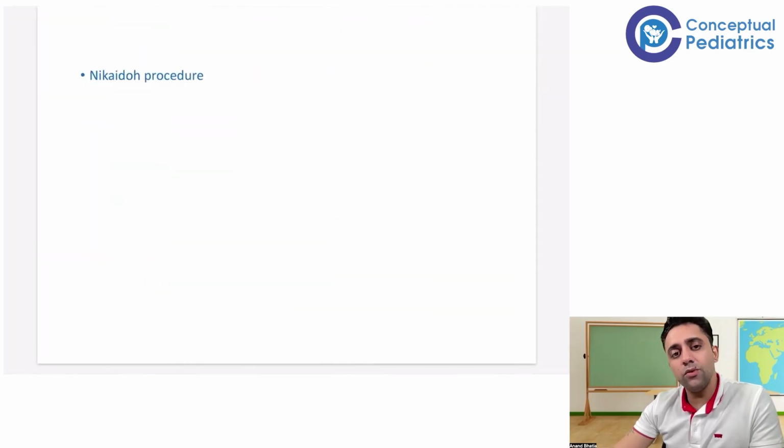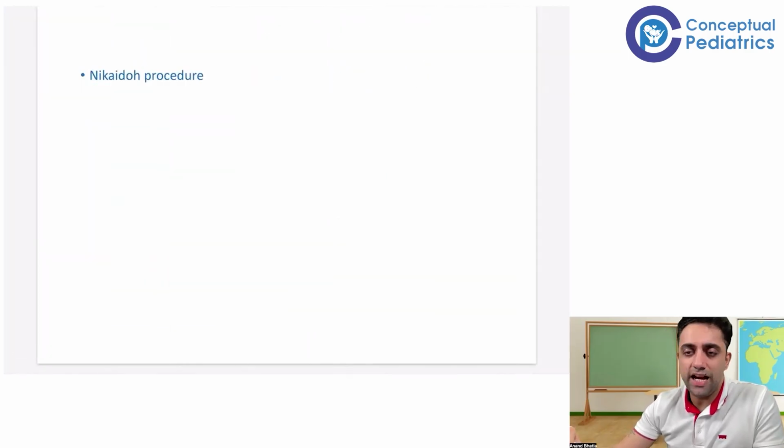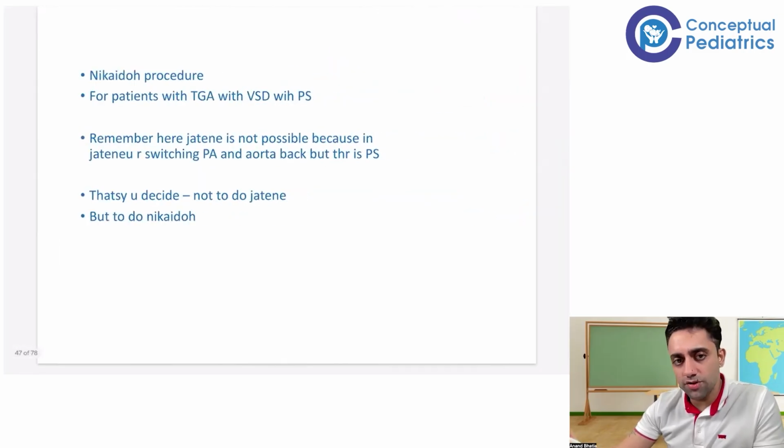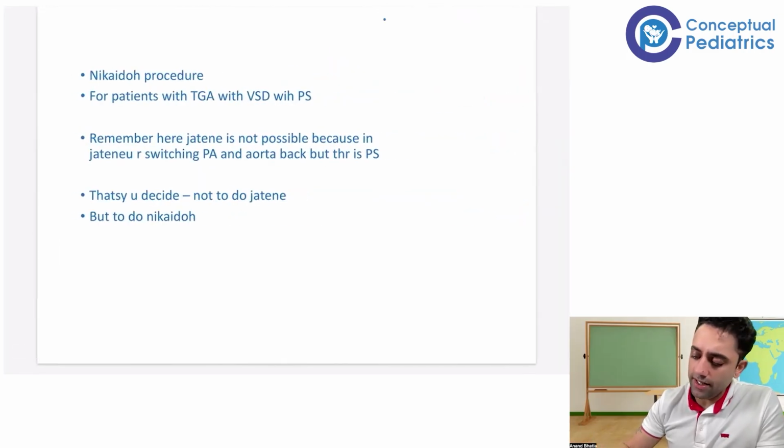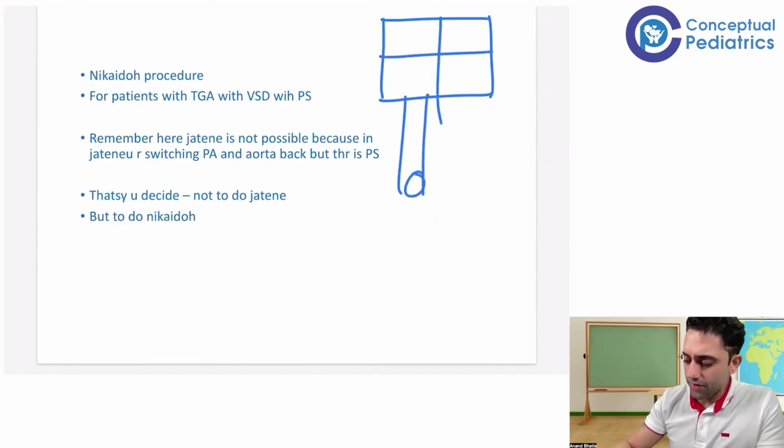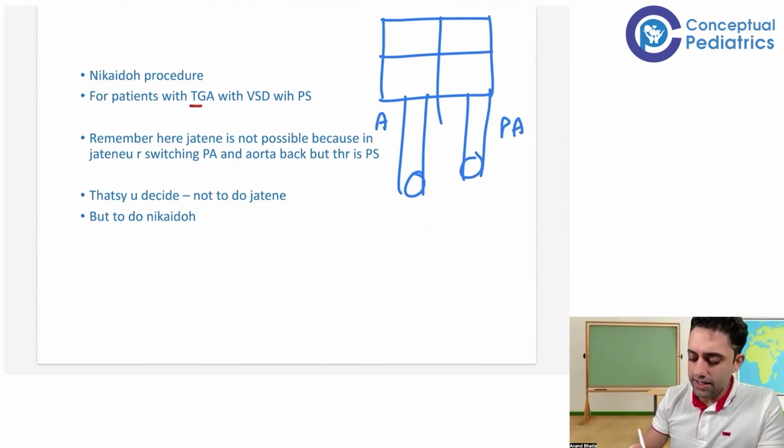We have something known as the Nikaido procedure. What is the Nikaido procedure? It is done in a patient with TGA. So with TGA, this is the aorta, this is the pulmonary artery, and there is a VSD here with pulmonary stenosis.